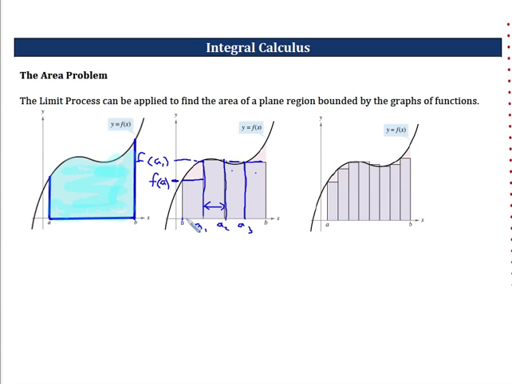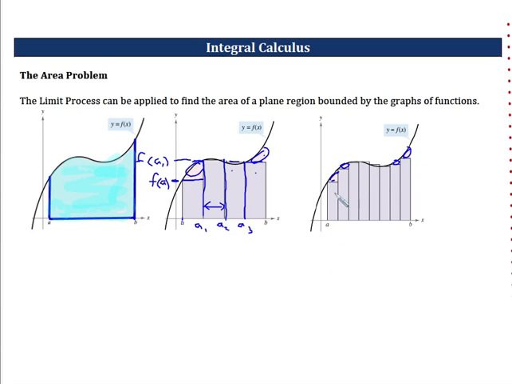Now, as we increase the number of rectangles, you can see that this is going to be a much more accurate picture. Here we had a big gap and we were missing quite a bit of the actual area. When we split the rectangles in half, you can see the area that we're missing diminishes.